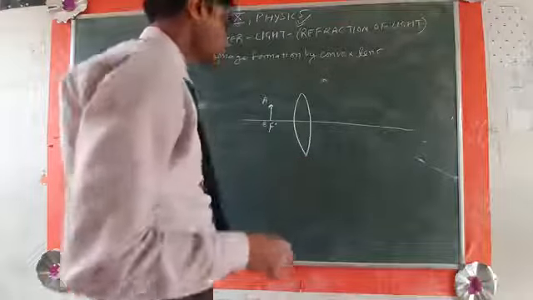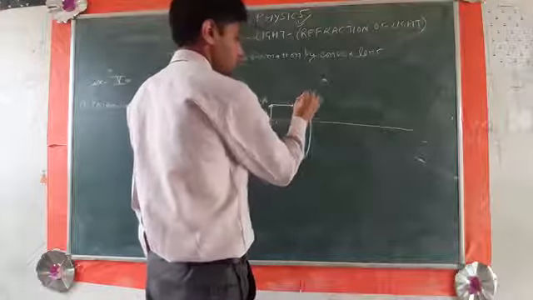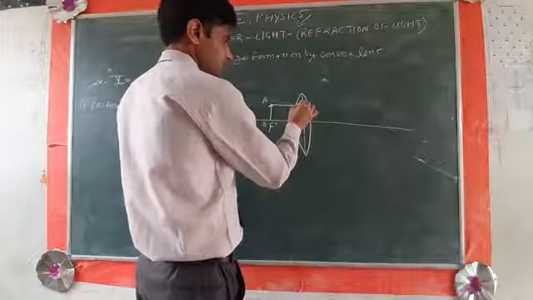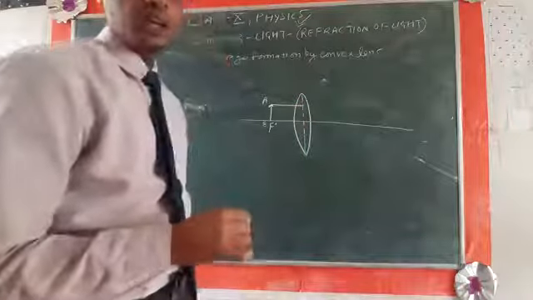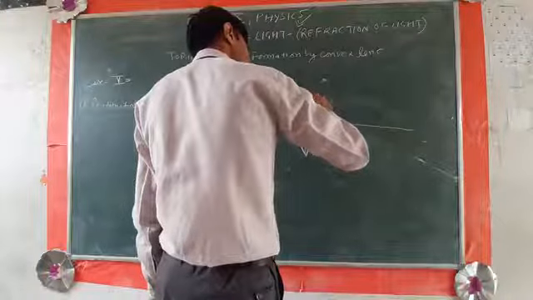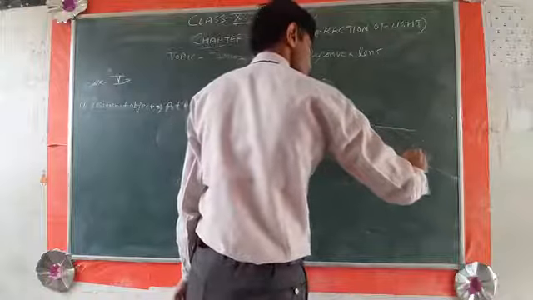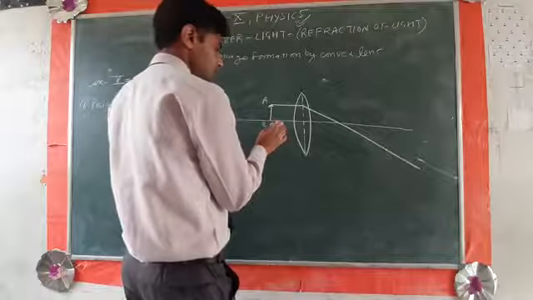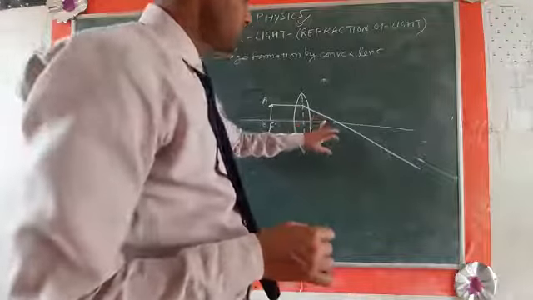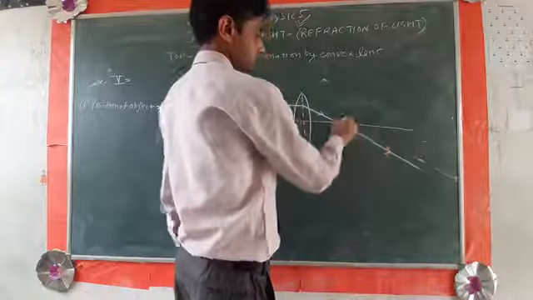A ray of light starts from the top, from point A. Refraction will take place, and after refraction, these rays of light pass through the focus. The object is placed at the first principal focus, and after refraction, the ray of light passes through the second principal focus, that is F.